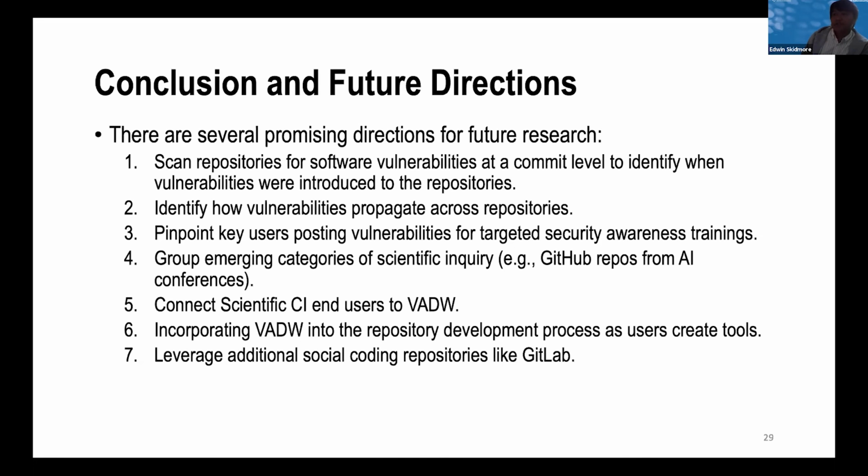Also, as users introduce vulnerabilities either through tool creation or workflow creation, potentially targeting them for security awareness trainings, and then grouping some of these vulnerabilities into categories for the different scientific domains.